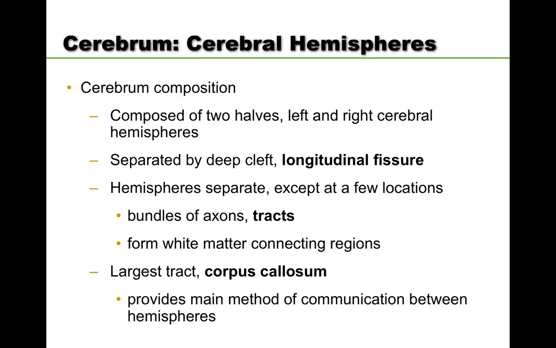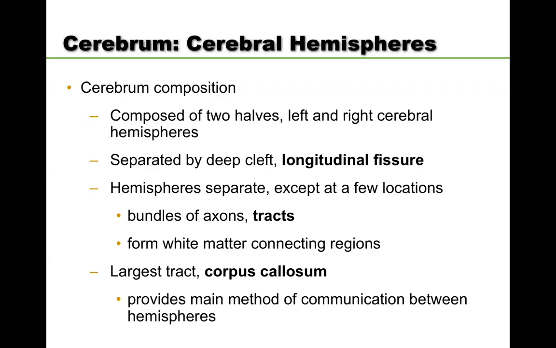It's a deep cleft which divides the brain into two halves, known as the left hemisphere and the right hemisphere. I want you to understand that these two hemispheres apparently look the same, but their functions are very different. Okay, so you have to understand that. And these hemispheres do talk to each other.